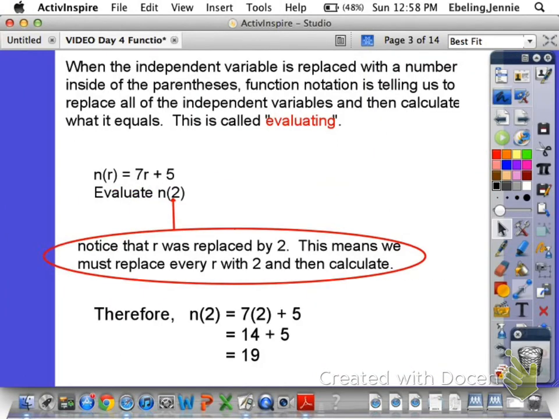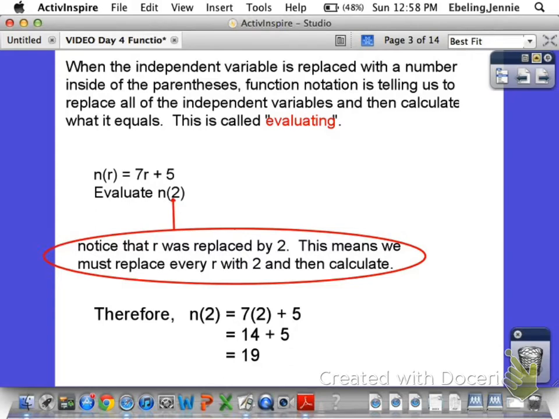Alright, now with function notation, the independent variable right here, this r, is what's located inside the algebraic expression right there.